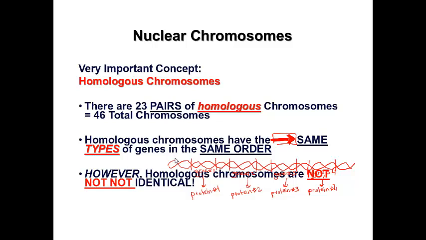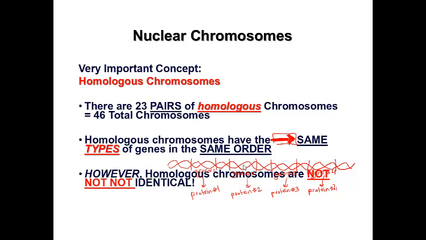All right, so however, homologous chromosomes are not identical. They are not the same. And they're not the same because these gene number 1s from one chromosome in a pair to the other homologous chromosome within a pair can be slightly different from one another.